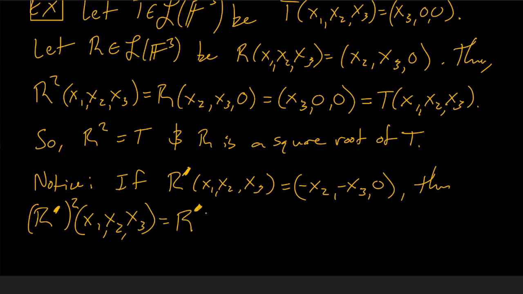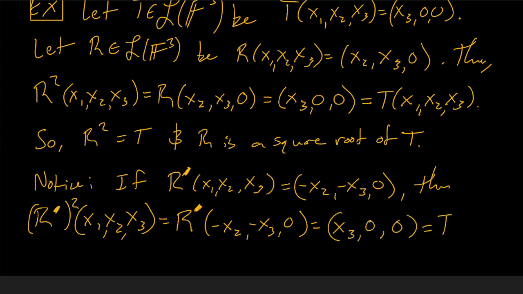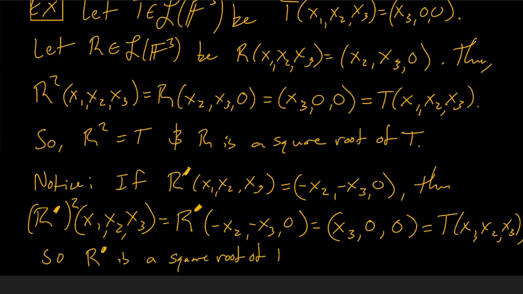So I have r prime applied to negative x2, negative x3, 0. All that happens is I shift over and flip signs. So I'll get x3, 0, 0, which notice is t of x1, x2, x3. So r prime is a square root of t as well.